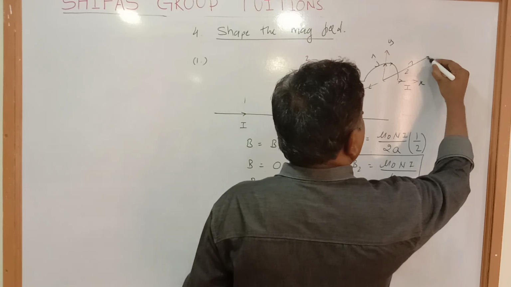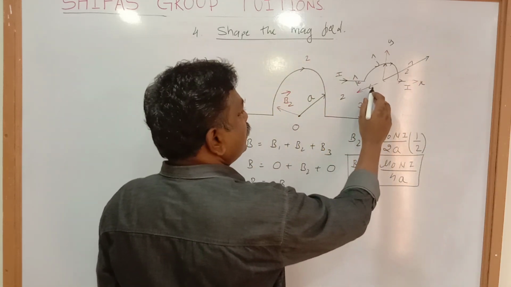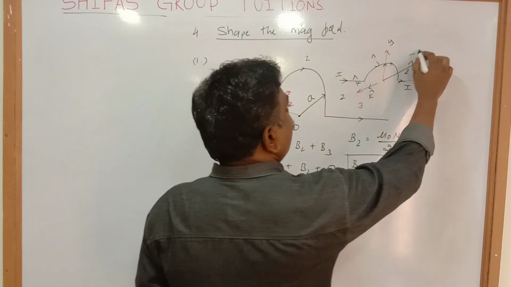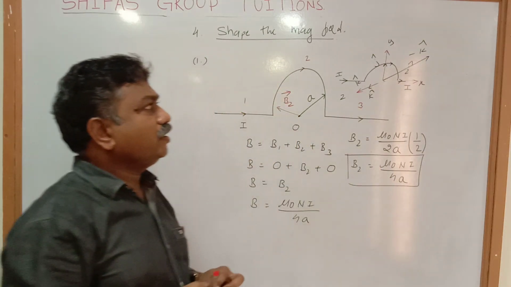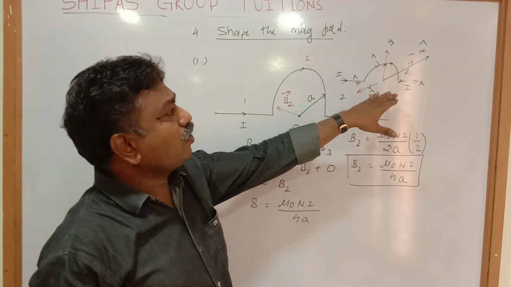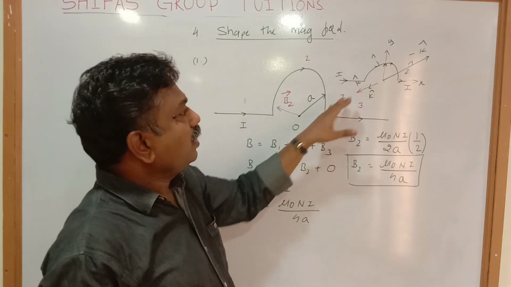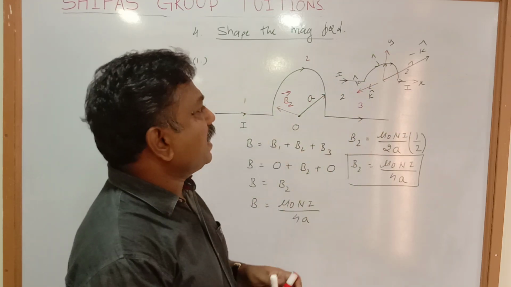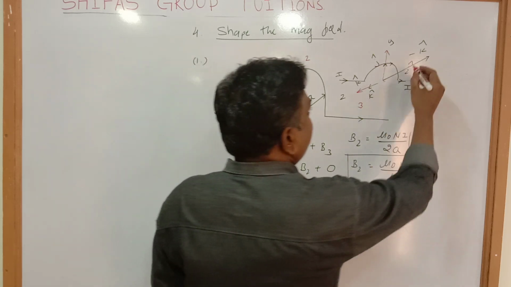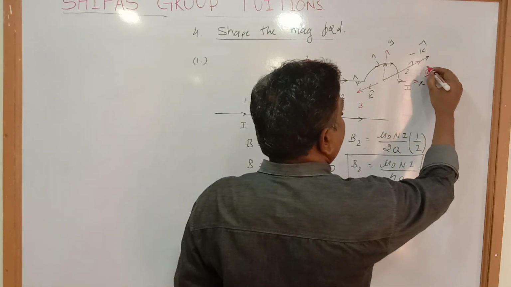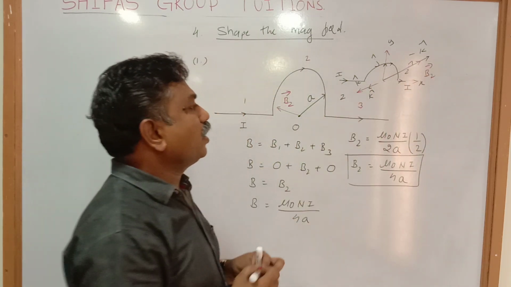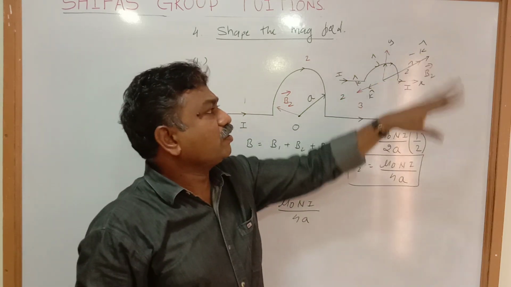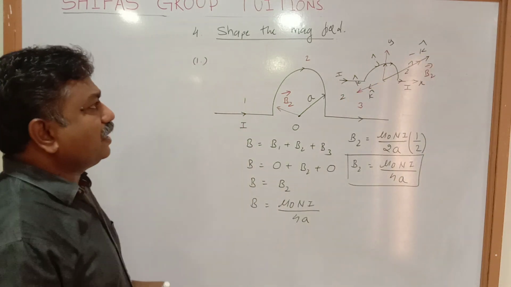So the vector which is opposite to k cap is minus k cap. You can look very easily, if you resolve this shape with respect to x, y and the z axis, the direction of B2, the strength of magnetic field due to this semicircular part, is inside the plane, and you can see here also, it is along the minus k direction.